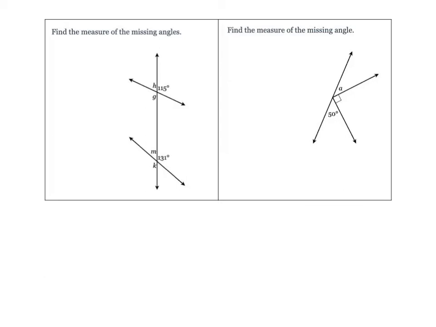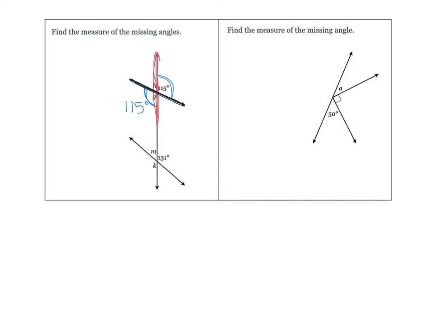So our next picture has these 2 sets of intersecting lines, so we'll just work on one of each of them first. So looking at my first ones, if I draw these 2 intersecting lines, I can tell that angle G also has to be 115 because it's vertical with this angle that is 115, and then H is on a straight line with G. And when I say you have 2 ways to do it, you also could have used this straight line with the 115 that's already there.